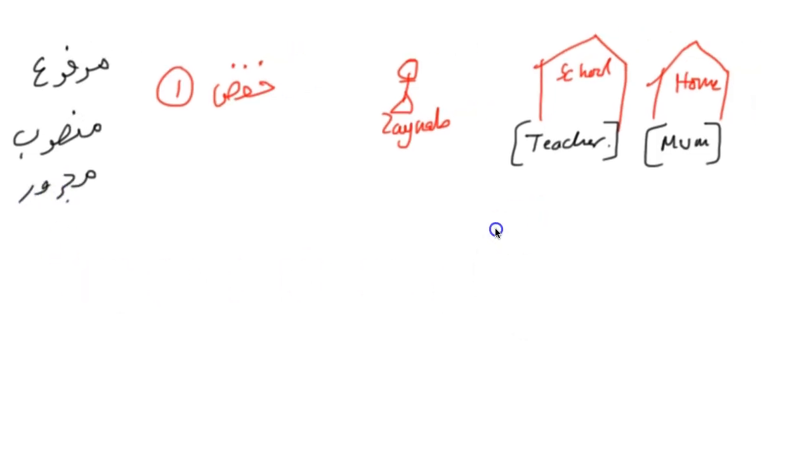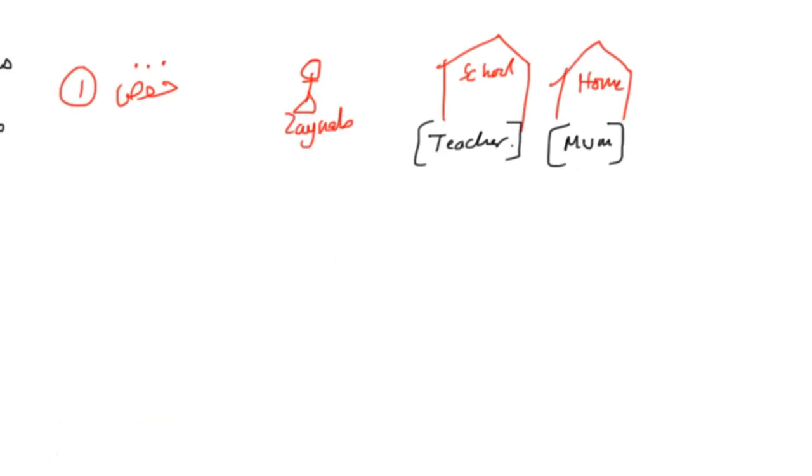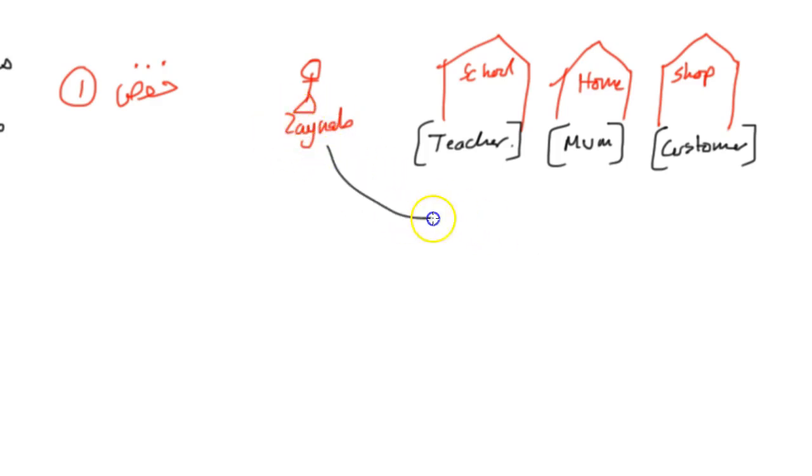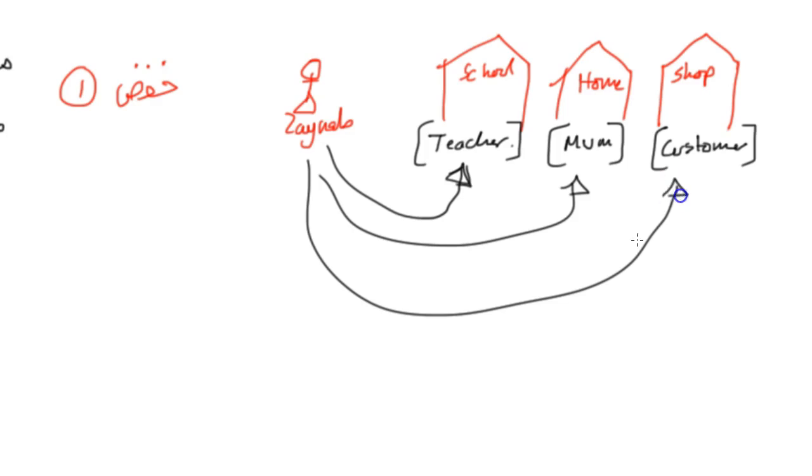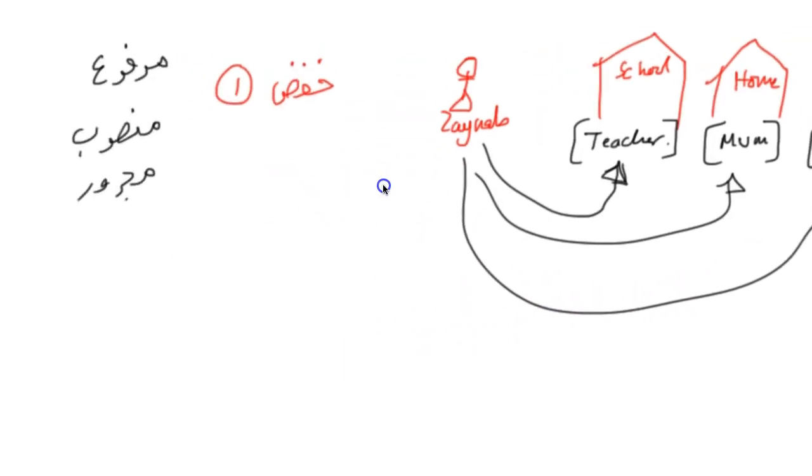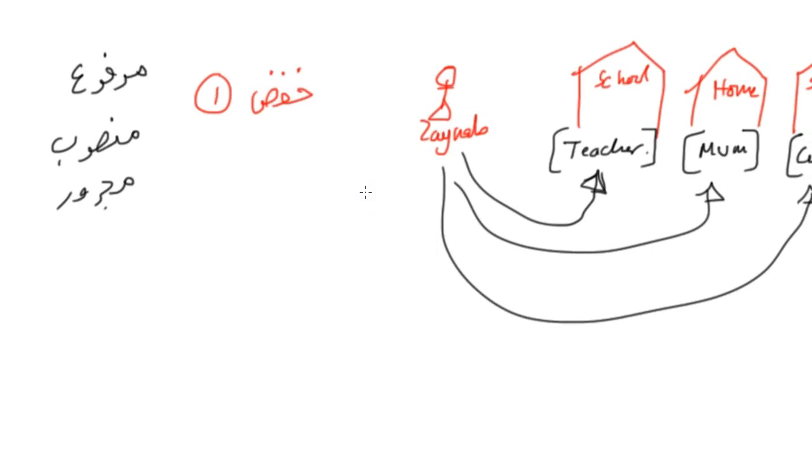Imagine, at school she's a teacher, at home she's a mum, and in the shop she's a customer. 3 states we have. So this same Zainab, when she goes to the school, has a particular state. When she goes home, she's known as mum, and when she's at the shop, she's known as customer. So like that, in the Arabic language, words have various states.